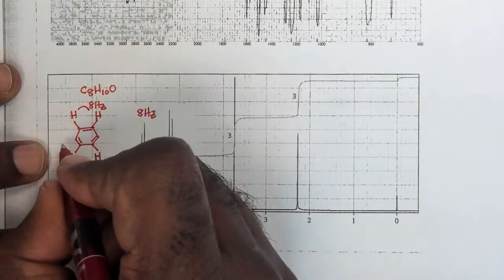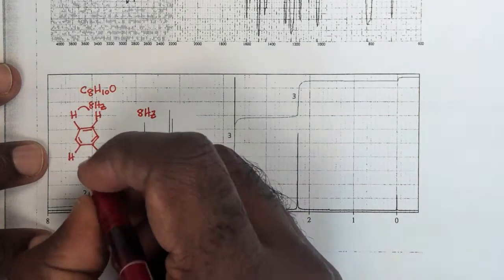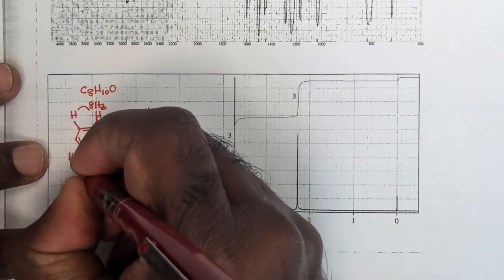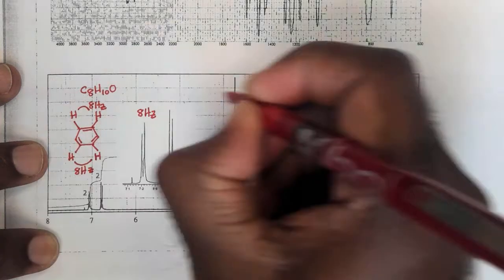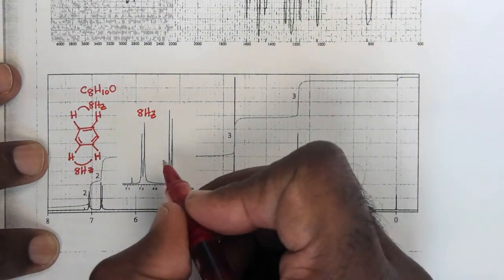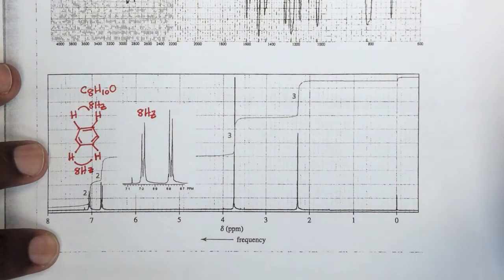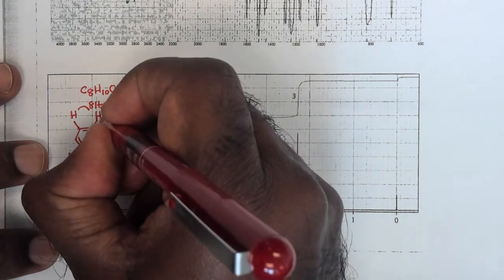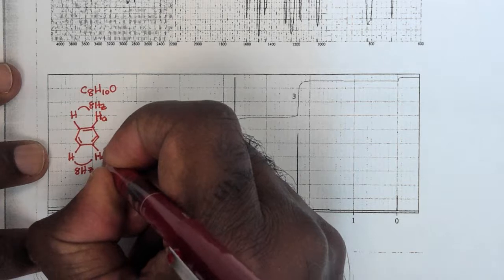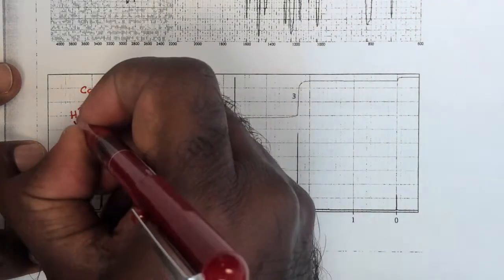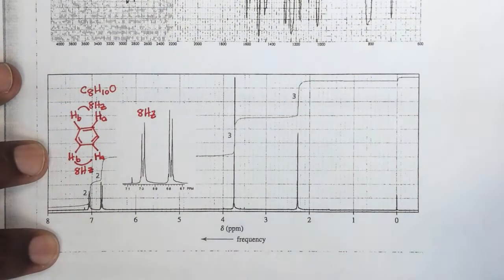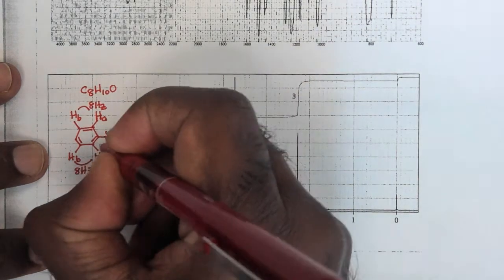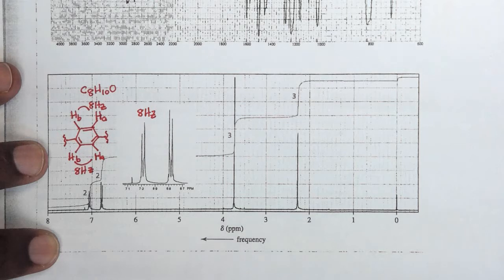So there must be some symmetry down this line here, and this is also around 8 Hertz because both of the doublets have the same coupling constant. So one must be due to these two equivalent protons, I can call them A and A, and the other must be due to another two equivalent protons, I can call them B and B, which means that I have another group here and another group here.